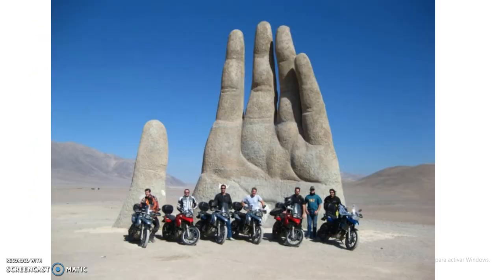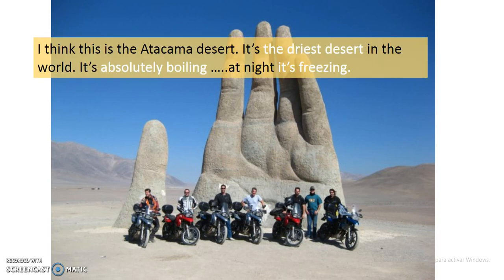Another example, you have this picture, look at the place, look at the people, what they're doing, how they look, how they might be, what about their personality, whether this personality is related to you or not. So it will be like this. I think this is the Atacama Desert. It's the driest desert in the world.